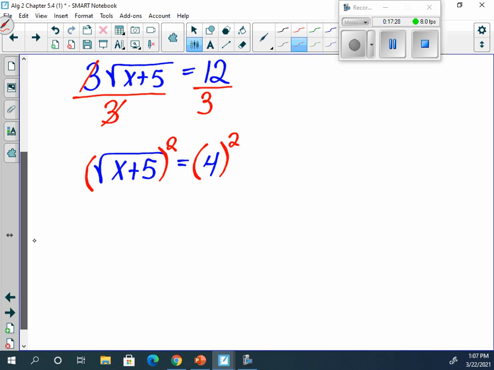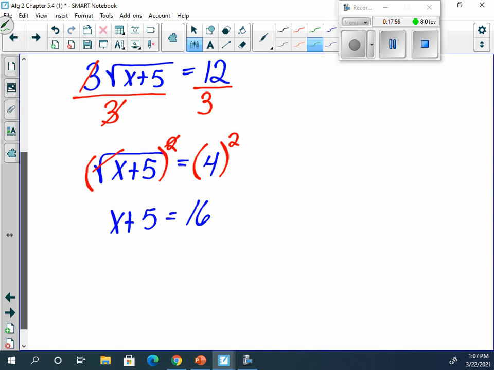Because when we square the square root, the square and the root will cancel out, leaving us with just x plus 5 equals, well, 4 squared is 16. We get the radical by itself so that we can square both sides, or put both sides to whatever the root is, to get it to cancel.